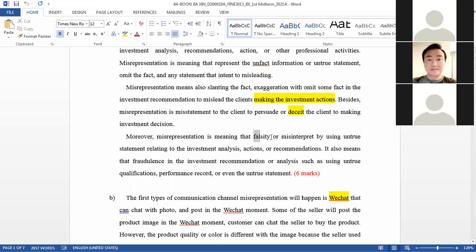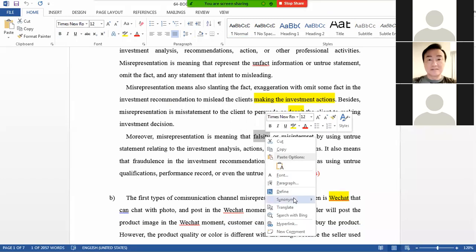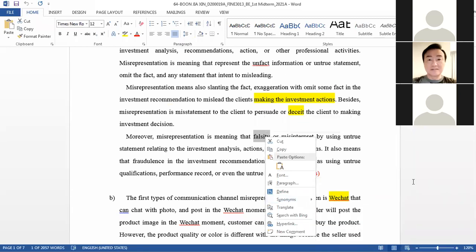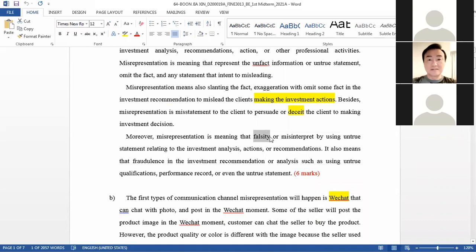Oh, there's also some problem with your English, right? Like you see falsity. Right here, you already use a noun. Falsity is a noun. Or misinterpretation, this word here. Then you should also use a noun.